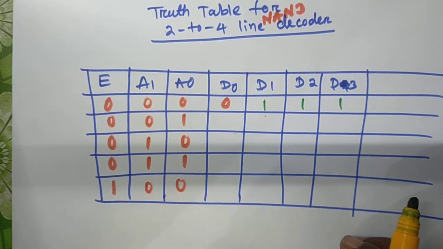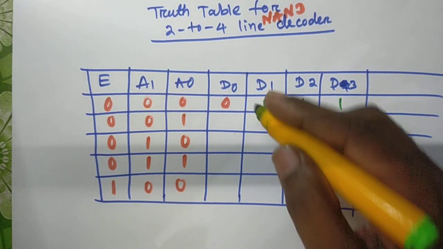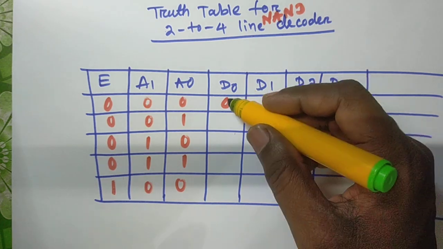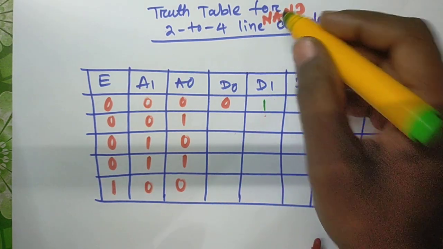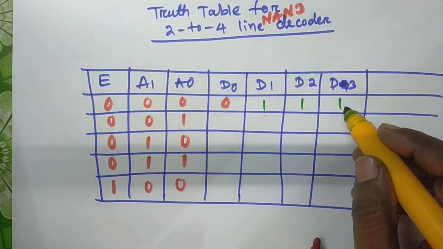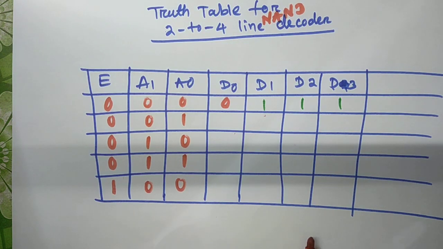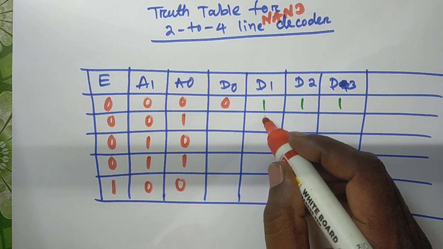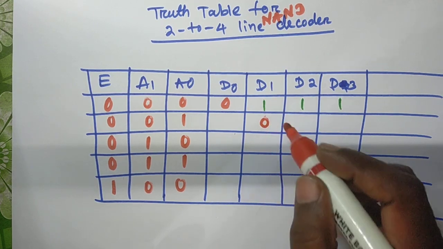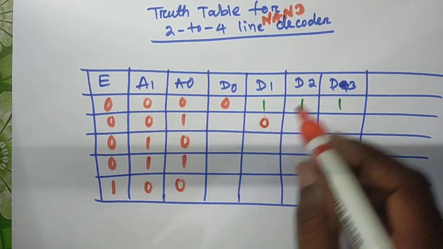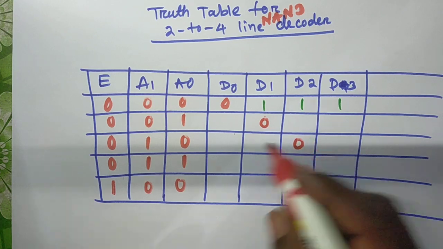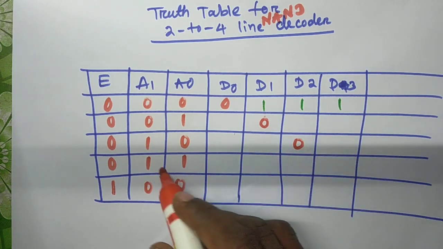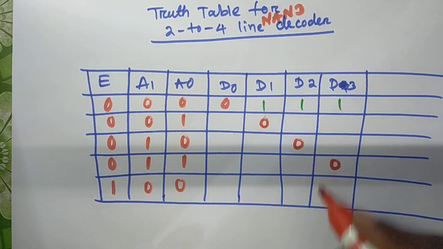If we go through AND, there is no problem: it is 1 and the others will be 0. Since it is NAND, it will be 0 and the others will be 1. Similarly, for 0, 1, D1 will be 0. For 1, 0, D2 will be 0. And for 1, 1, D3 will be 0.